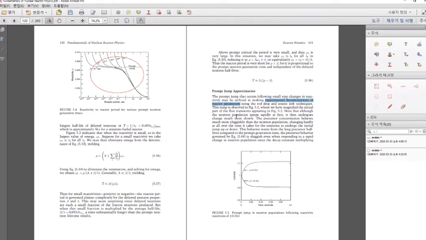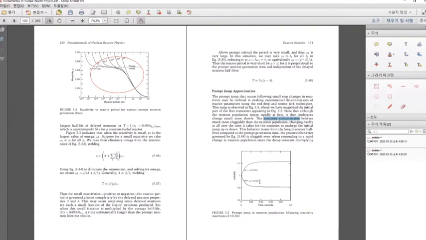And why do we see this type of prompt jump? That is because the neutron population changes rapidly, mainly due to prompt neutrons, but the precursor concentration usually changes very slowly.